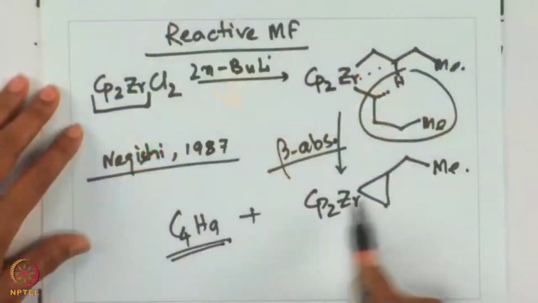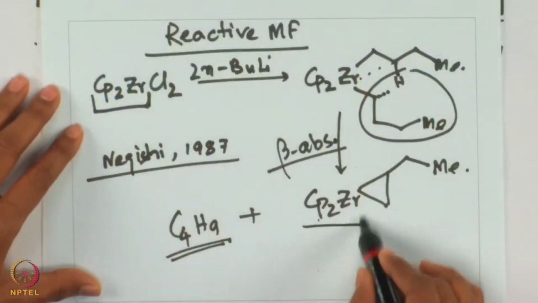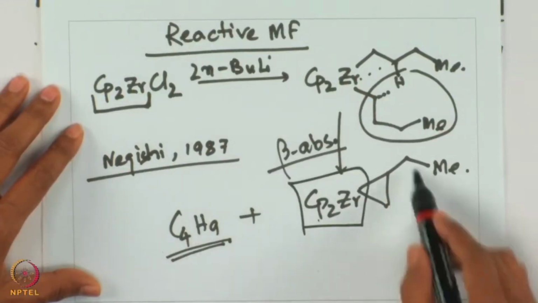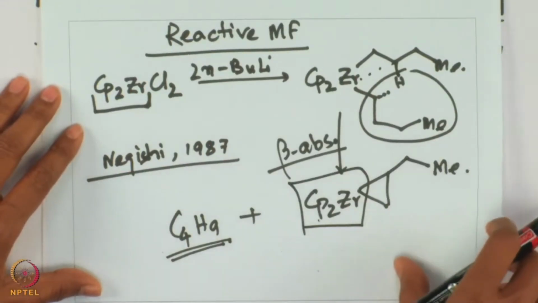dicyclopentadienyl zirconium species, which is the real active species that will be required for the next step of the process. That is our main goal, or that is the main thing we were looking for. So, all this reaction we have discussed is nothing but for the formation of Cp2 zirconium, where this olefin can go out.